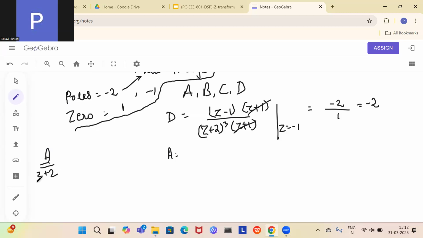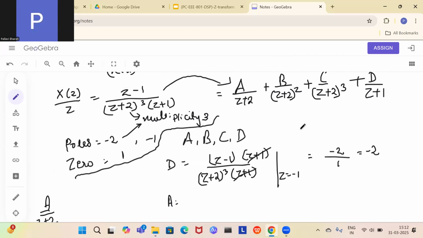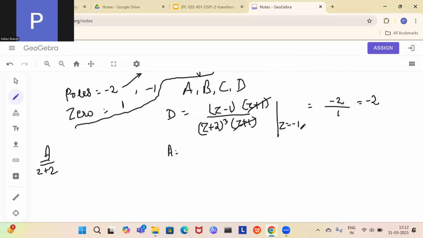So this whole thing was equal to z minus 1 divided by z plus 2 cube into z plus 1. Even if one z plus 2 is present, minus 2 plus 2 will make it 0. So we need to remove the whole thing. So we are multiplying with z plus 2 cube. We are calculating the whole thing at z equals minus 2.